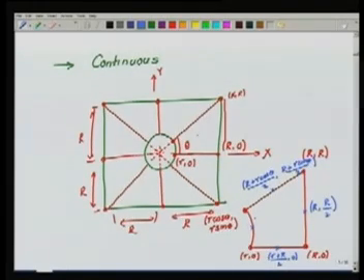If this angle is theta, this will be theta by 2. This angle will be theta by 2. So this will be nothing but R cos(theta/2), R sin(theta/2). So this is how we can create the local coordinates.